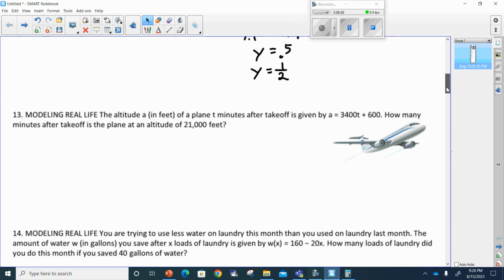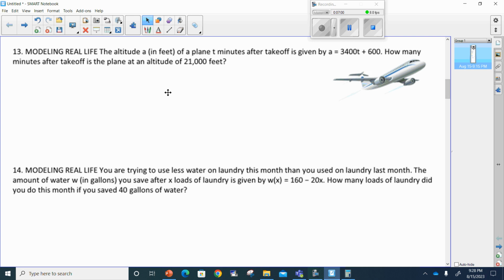All right, number 13 says modeling real life. The altitude in feet of a plane, T minutes after takeoff, is given by A equals 3,400T plus 600. So let's write that down. A equals 3,400T plus 600.